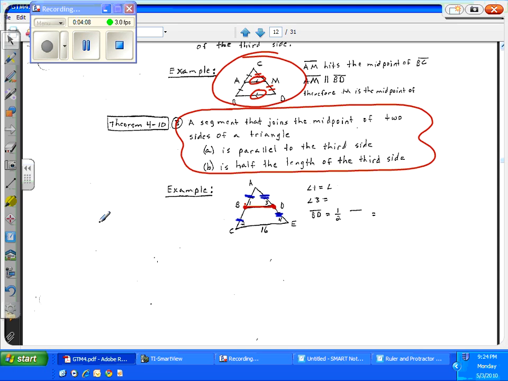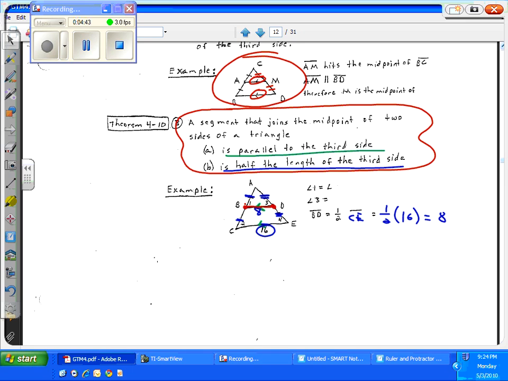Given that, we can reach two conclusions. Number one, it is parallel to the third side. And number two, its length is half the length of the third side. And so BD is half of CE, which would be 1/2 of 16, which is 8.